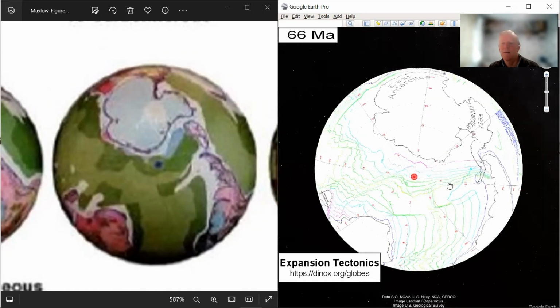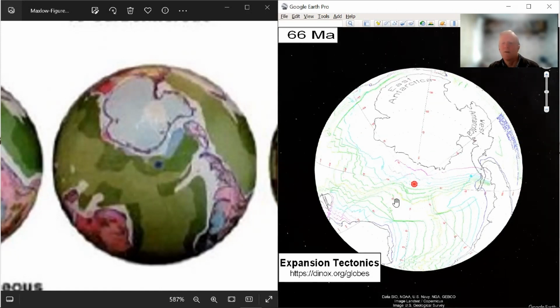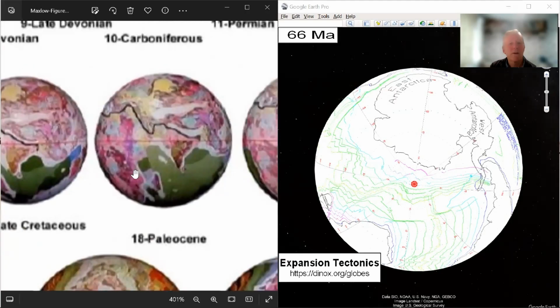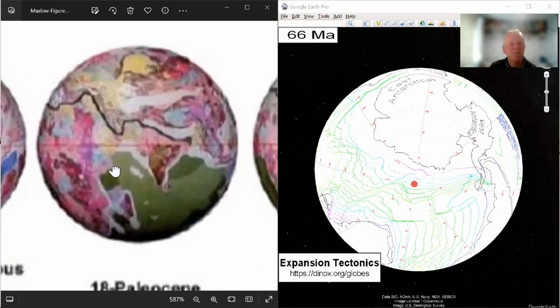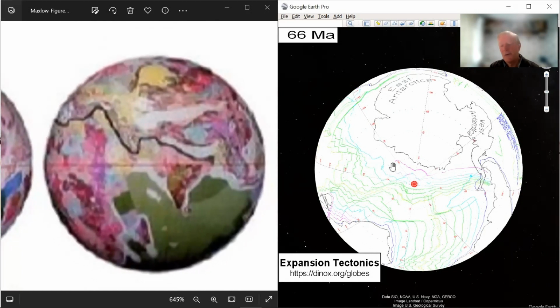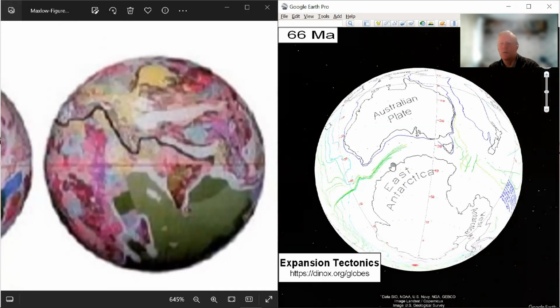So there's a South Pole here and South Pole on James Maxlow, so that's pretty much in the same position. What is that? Well, that's India again. They look the same.